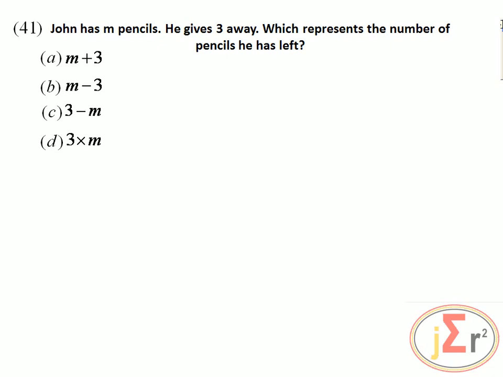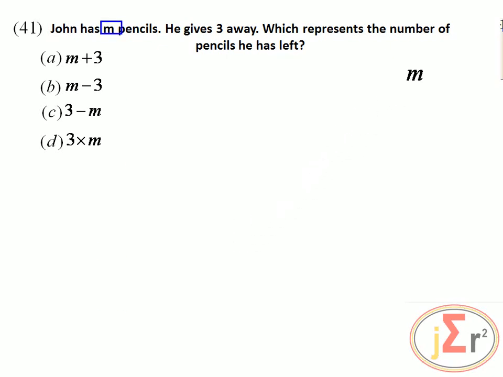What option, Jerry, if he gives 3 away? B. He has M. He gives away 3. M minus 3. And that option is B. B is the correct option.